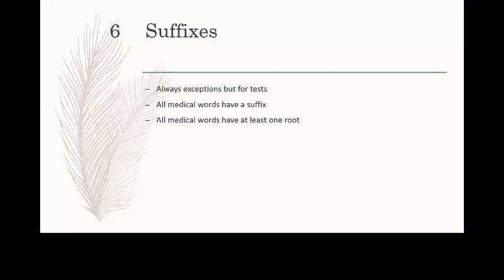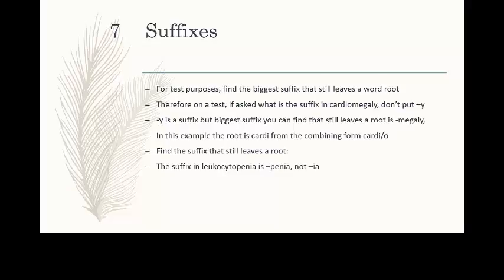All medical words contain at least one root. Now, when you are asked on a test to find the suffix, I want you to find the biggest suffix that still leaves a root. So, if you are asked on the test, what is the suffix for cardiomegaly? Don't just put the letter Y. Y is a suffix, but the biggest suffix you can find that still leaves a root is megaly.